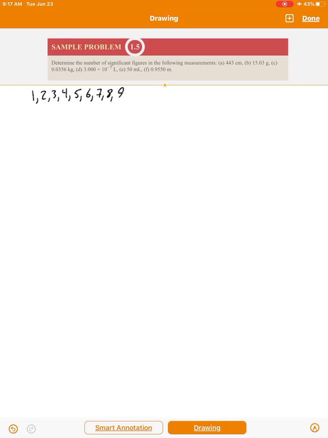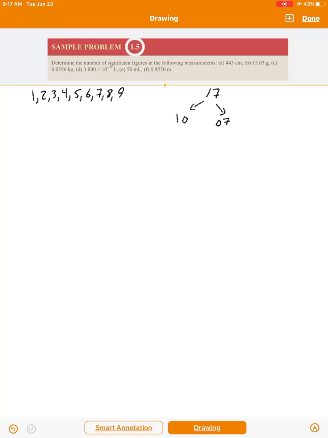Now, when we use the word significant, really what we mean is we have confidence in that value. Meaning that if I write the number 17, I understand that this is 10, so it's a 1 in the tens column, and it's a 7 in the ones column.